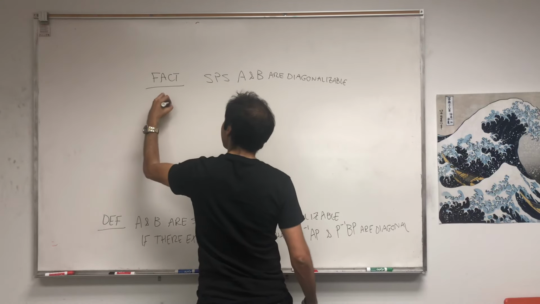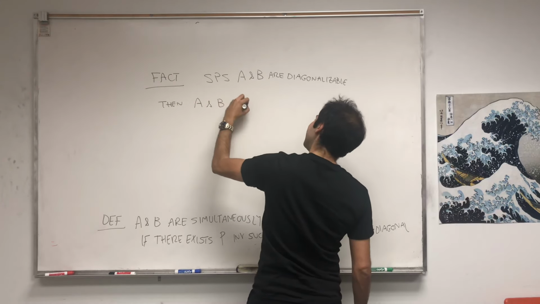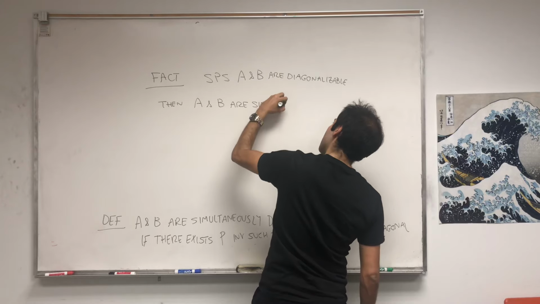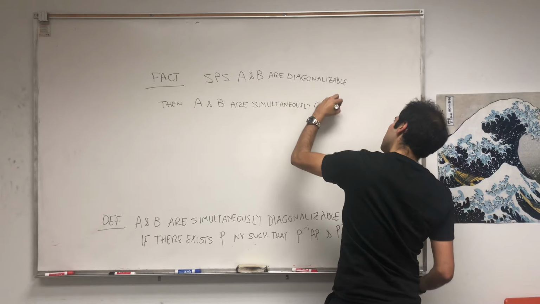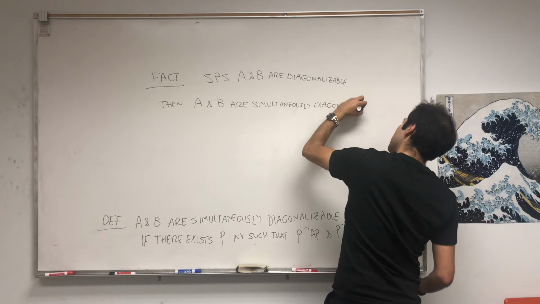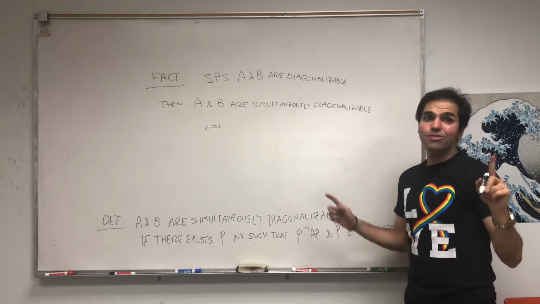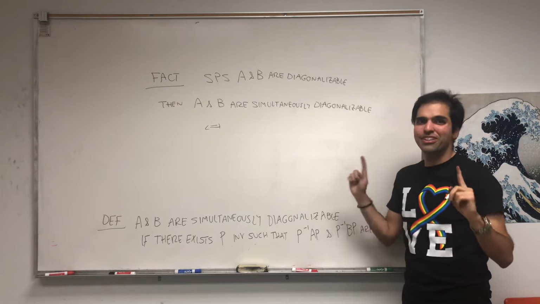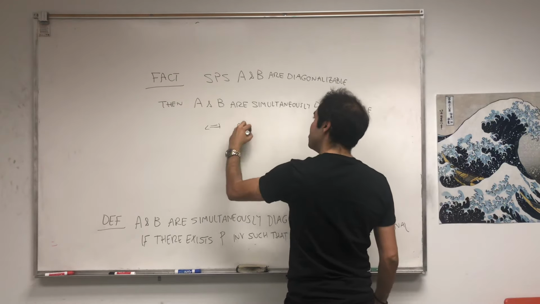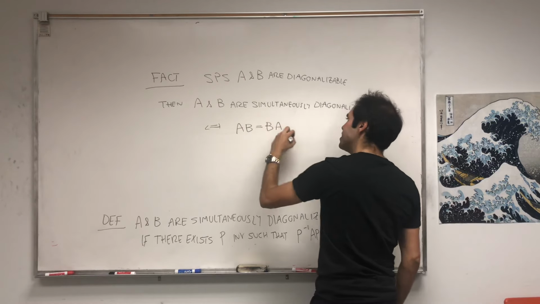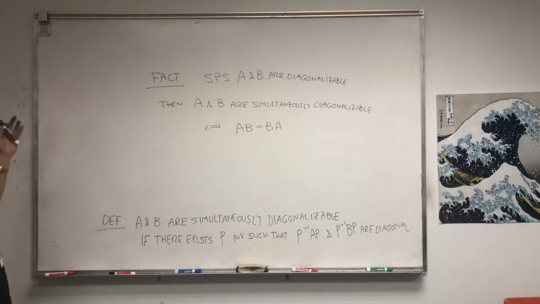Then A and B are simultaneously diagonalizable if and only if, and you might not believe me, it's too good to be true, but no, it's good and it's true, if and only if they commute. AB equals BA. What? I mean, seriously, this is crazy, huh?